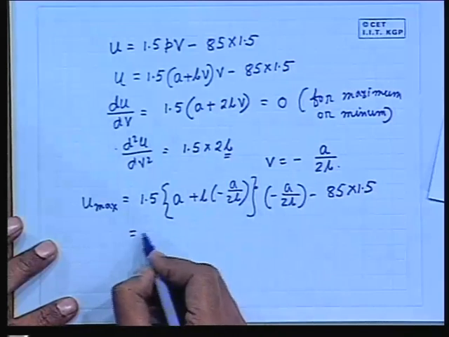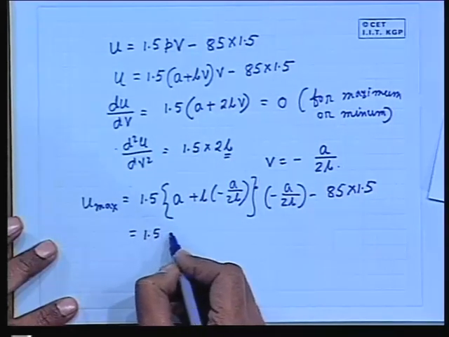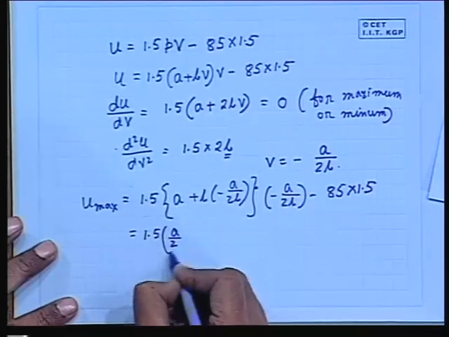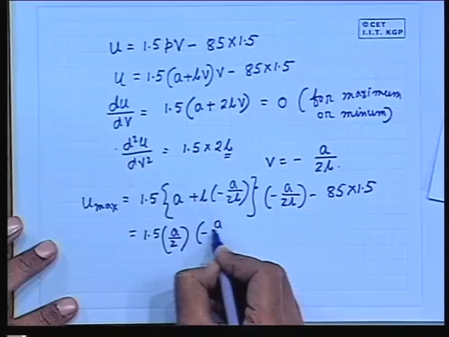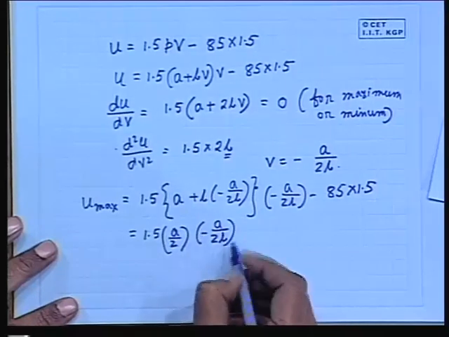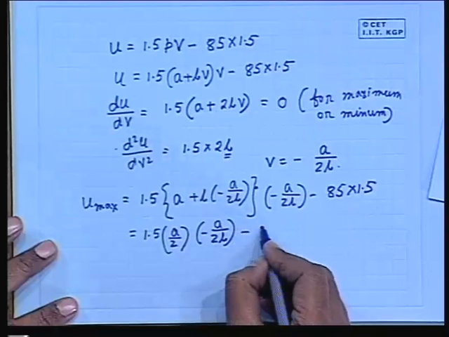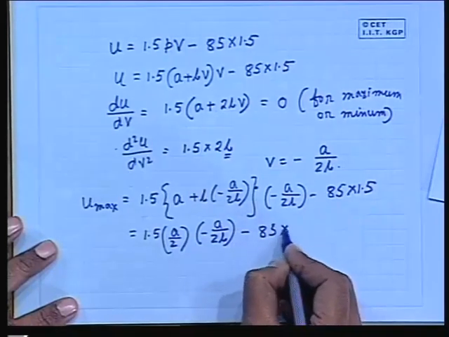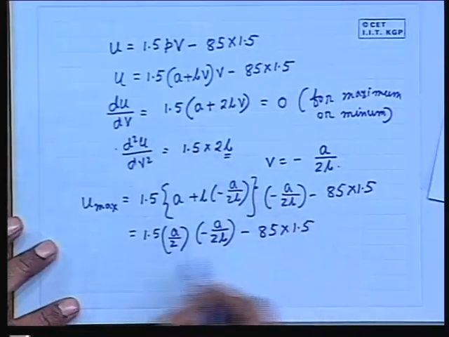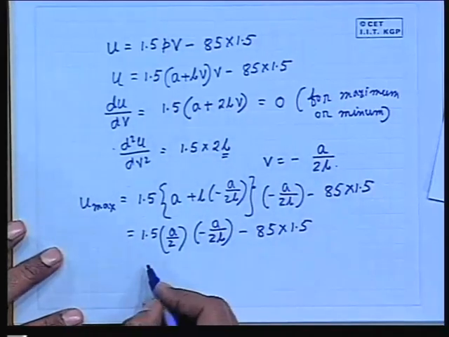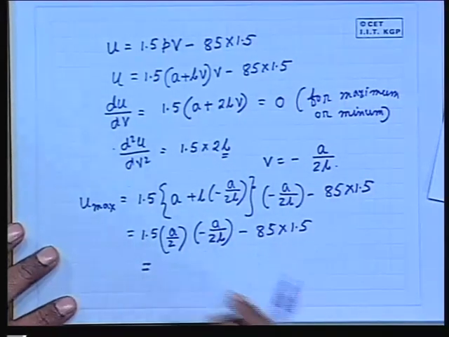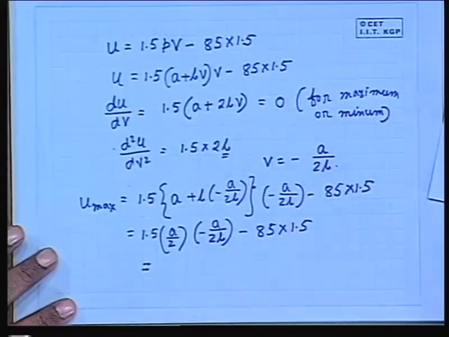Put the values. So this you can simplify into A by 2 minus A by 2B. So this minus will get cancelled with the minus in the V. Ultimately, I don't know the sign of this, but it will come positive.